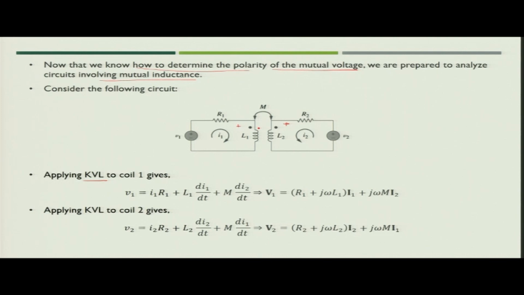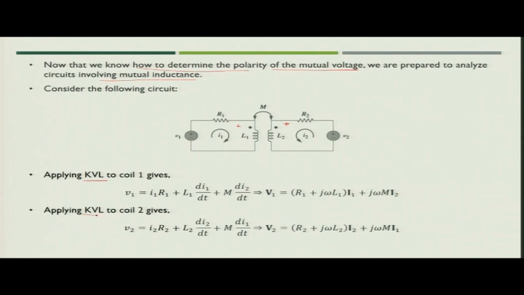It means that the mutual voltage, which you get because of the magnetic coupling of these two coils, will be positive. So, you can write V1 = I1 R1 + L1 di1/dt + M di2/dt, or in the frequency domain V1 = (R1 + jωL1) I1 + jωM I2.